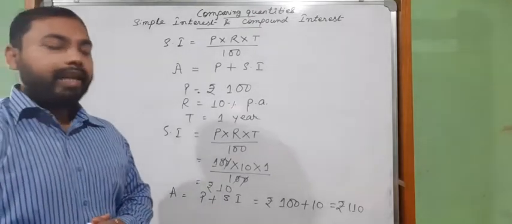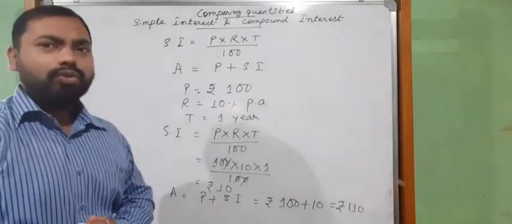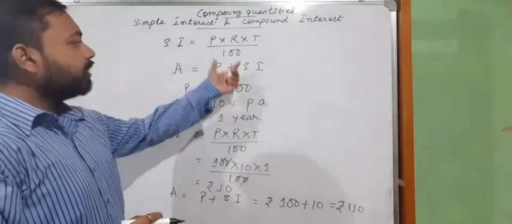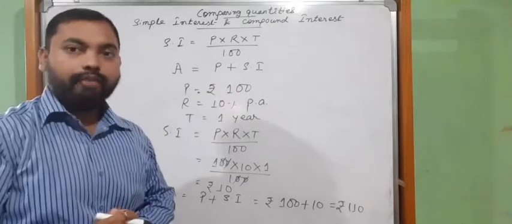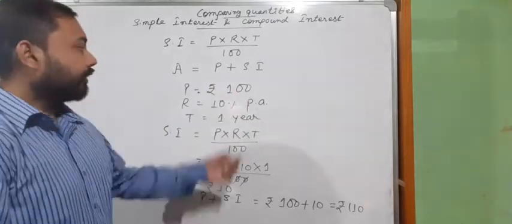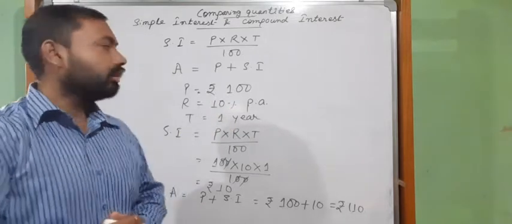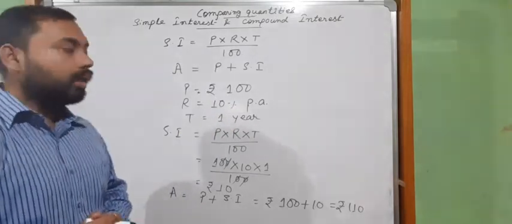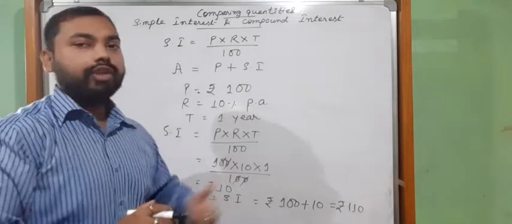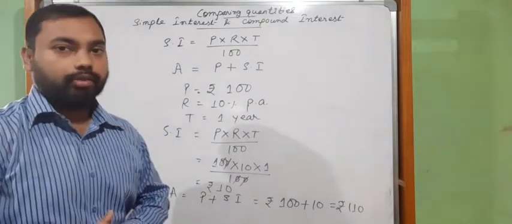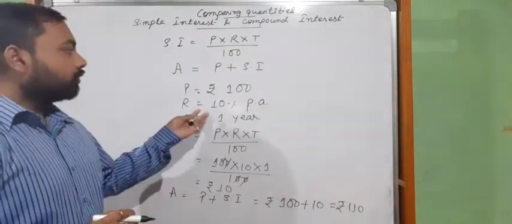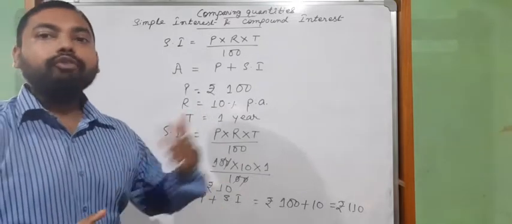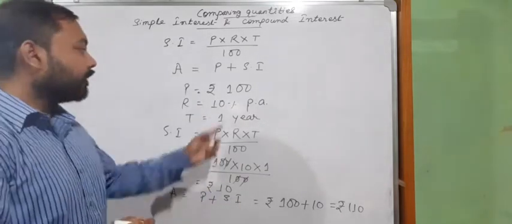Now suppose you have taken rupees 100 from the money lender, the rate of interest is the same, that is 10%, but the time period has changed, it will become 2 years. What is the amount that you have to pay to the money lender after 2 years?